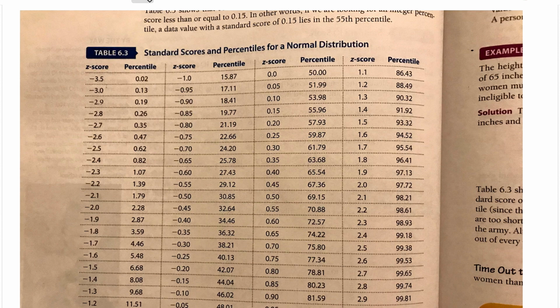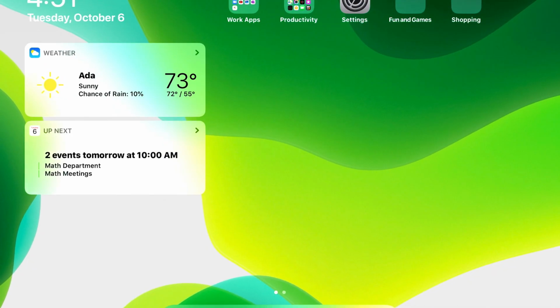So you want to make sure that you're picking the one that's positive. And we got a positive z-score of 0.29. The closest one that I can see to that is 0.30. So our percentile is going to be 61.79. That's the closest we can come.